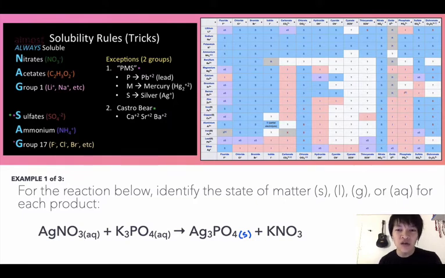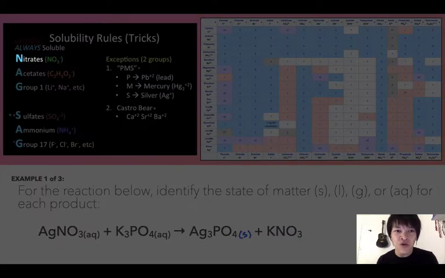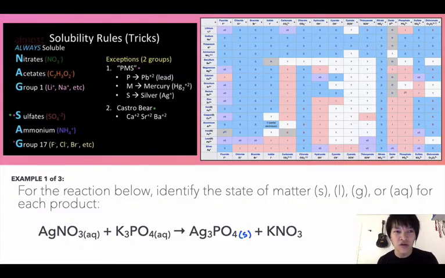Our second product is potassium nitrate. And if we use the NAGSAG rule, you'll notice that nitrate is always soluble with no exceptions. So that means we're going to be writing AQ for aqueous because it is soluble.